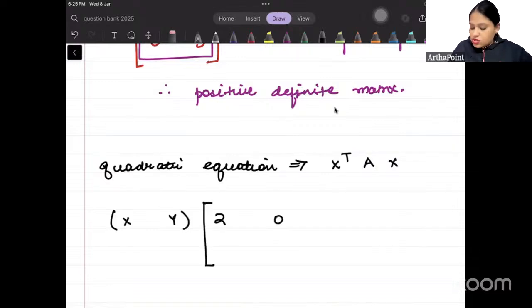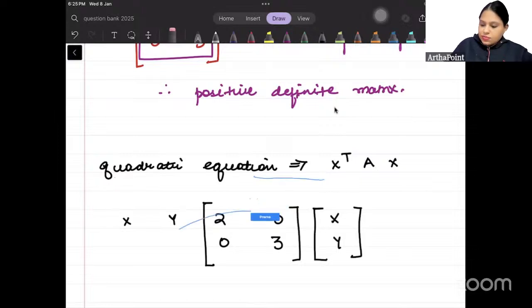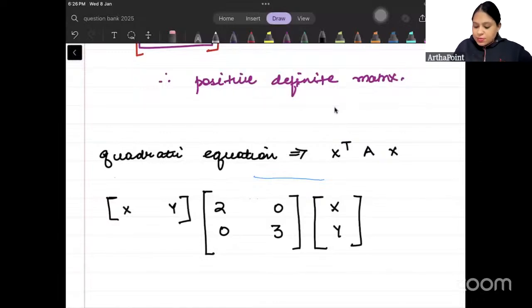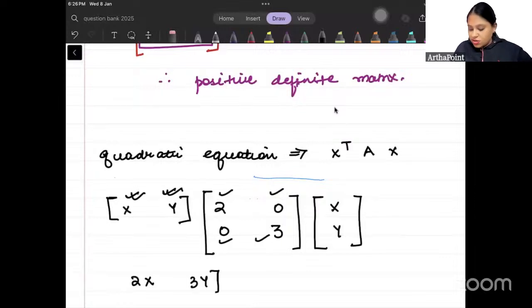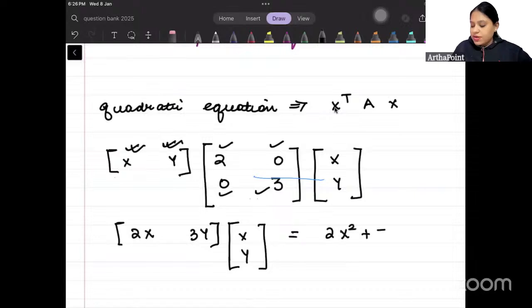Then it will be 2 0 0 3 and then you will have x and y like this. ठीक है. When you will solve this, जब इसको मल्टीप्लाई करोगे तो 2 into x plus 0 into y, तो यहाँ पे you will get 2x. x into 0 plus 3 into y, यहाँ पे आपको 3y मिल जाएगा into y. So when you will multiply, you will get 2x square plus 3y square.